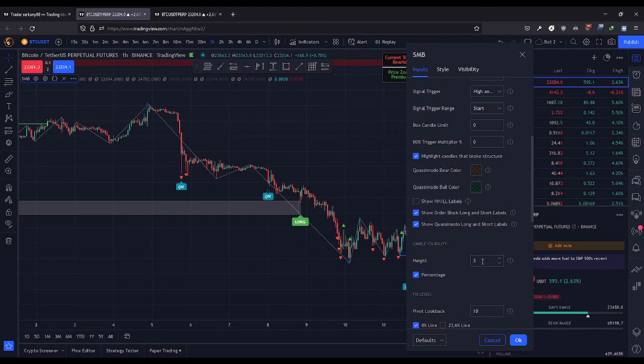Manipulations sometimes happen in all cryptos, but especially in the altcoins. Based on your time frame, you can use this. If you don't want to use this, you can make it something really high, for example 88%, and it's not going to be prevalent anymore.